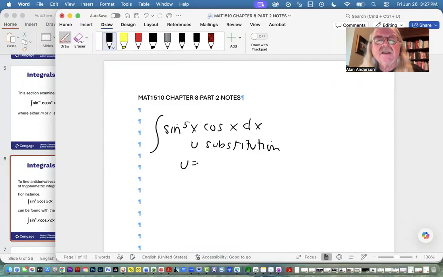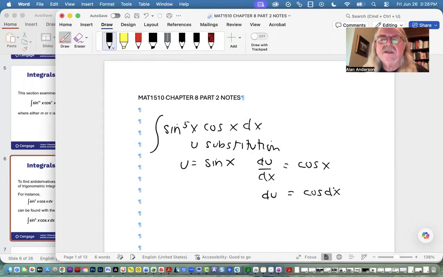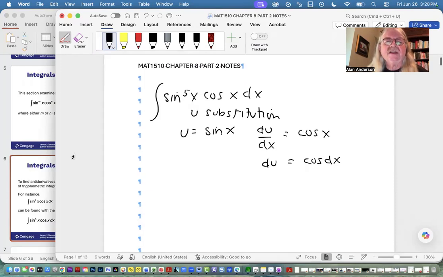Let us try u equals sine x. Then du dx is cosine x, which is the same thing as saying that du is cosine x dx. So that means what we actually have here is u to the fifth du. Okay, so it's that straightforward.